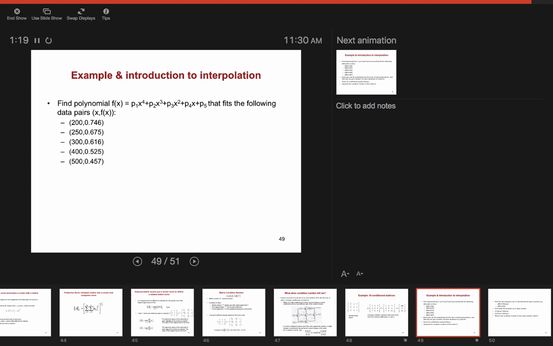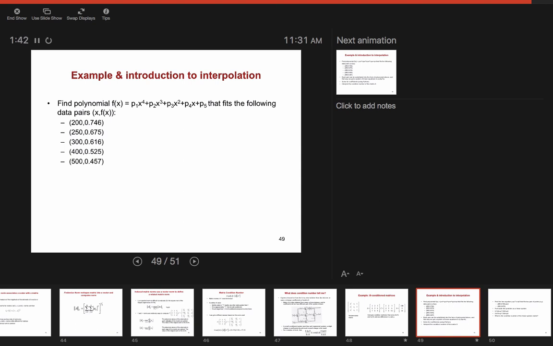Okay? And I can set up a linear system that looks like that van der Waals matrix to actually find this. So my first equation is P1 times 200 to the fourth plus P2 times 200 cubed plus P3 times 200 squared, and P4 times 200 plus P5 equals 0.746. That's my first equation.